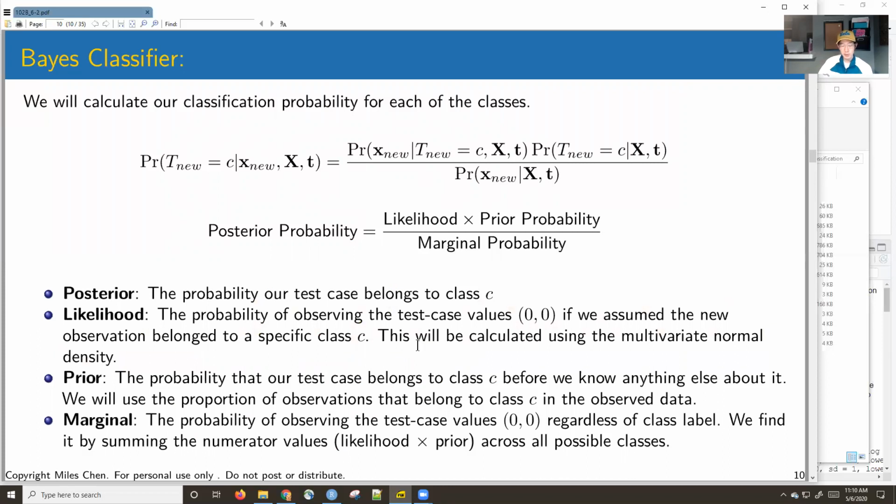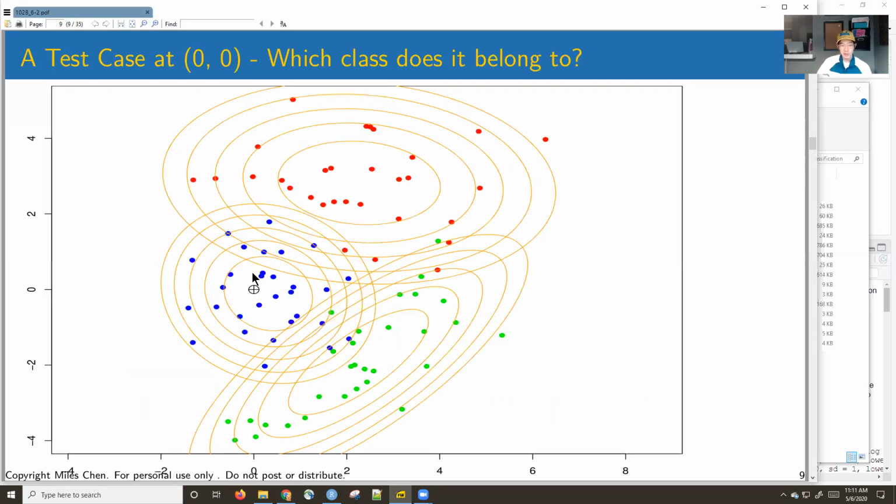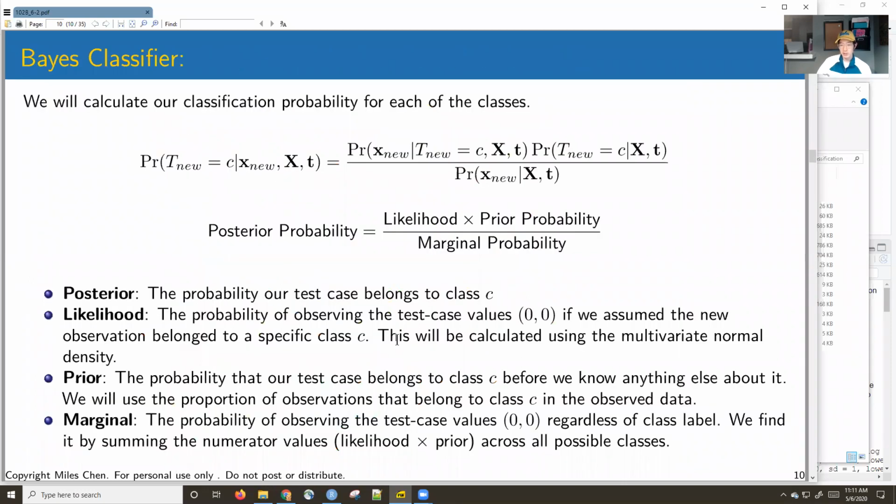And we're going to say, what is the probability of getting the value 0, 0 if this observation came from the red class? Then what's the probability of getting the value 0, 0 if it came from the blue class? And then what's the probability of getting 0, 0 if it came from the green class? We're going to calculate this using the multivariate normal density.